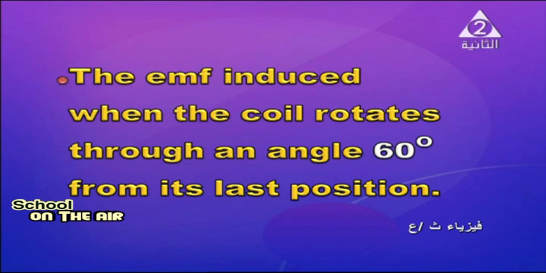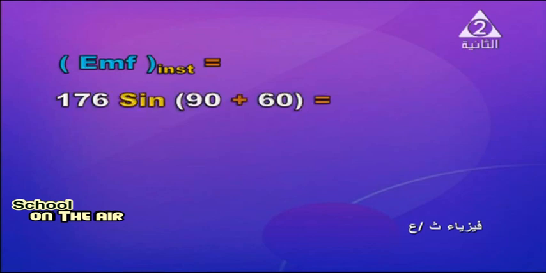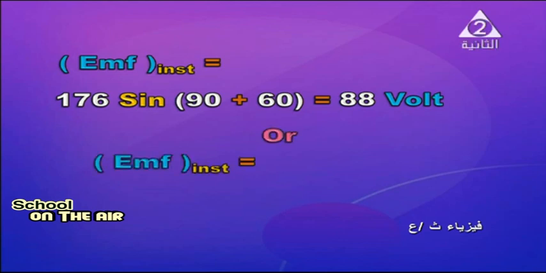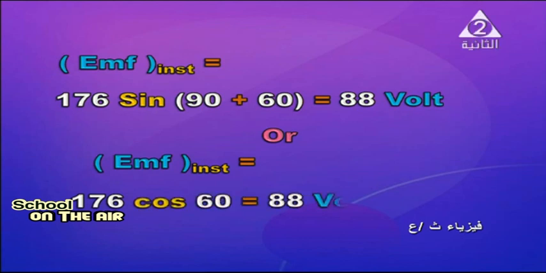The last position was the horizontal position, so I can use sine, but instead of 60, I'll add 90. 90 plus 60 will be 150. And we can use the formula: instantaneous EMF is equal to 176, the maximum, times cosine 60. And it will give the same result, the same answer.